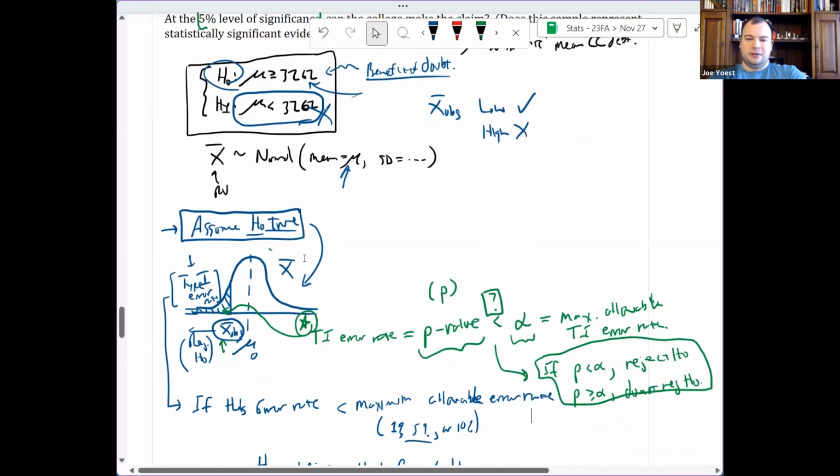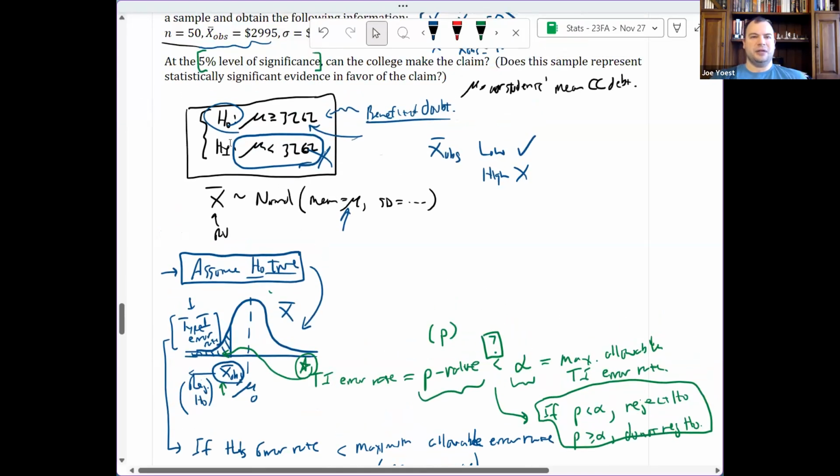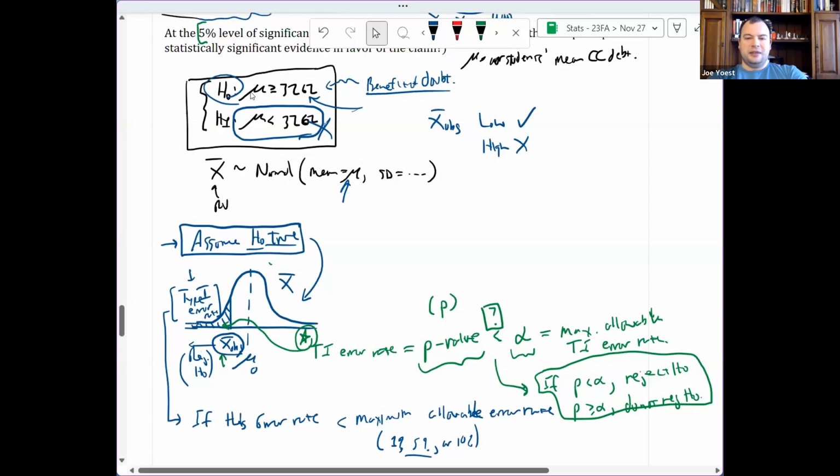X bar, the random variable, is normal, but its mean is unknown because it's the same thing that the null hypothesis is talking about. But if I assume H0 is true, then I've at least cordoned the mean off to being bigger than or equal to 3262.